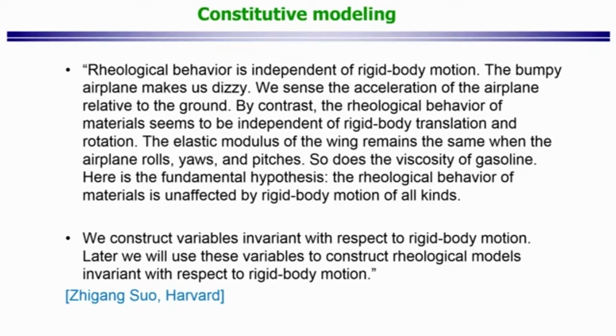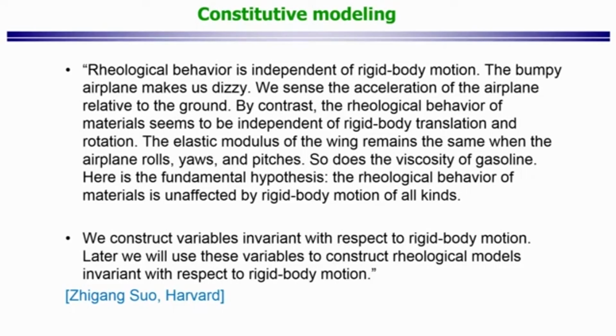We just discussed that two equivalent observers are related to each other by a general rigid body motion. So, this hypothesis is saying that the rheological behavior of materials should be the same for two equivalent observers.